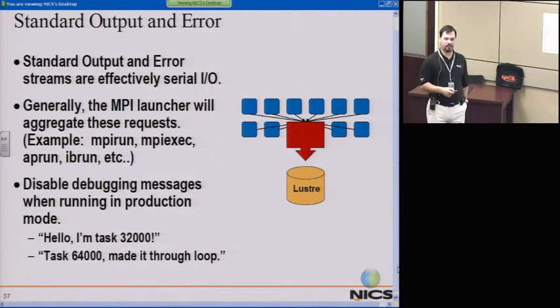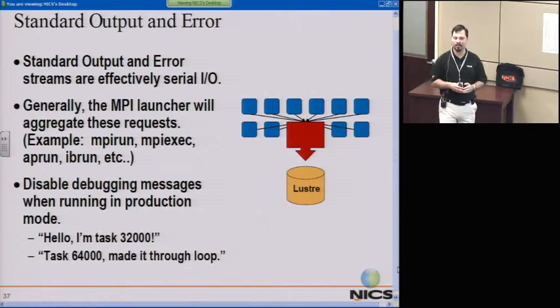The thing to consider is that in most launchers, so mpirun, aprun, ibrun, the standard output and standard error streams are serialized into the launcher. So this is generally serial I/O. You have 50,000 processes whose I/O is written to your file in a serial fashion because it's aggregated. So whenever possible, you need to disable the debugging messages when you're running in production, or limit the amount of them that you actually use.